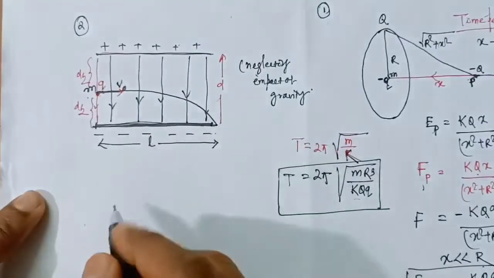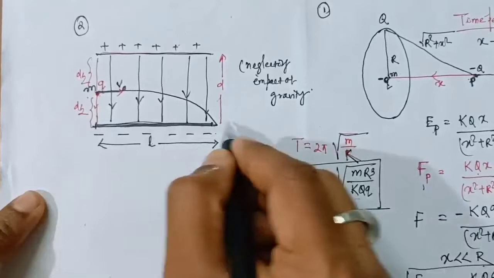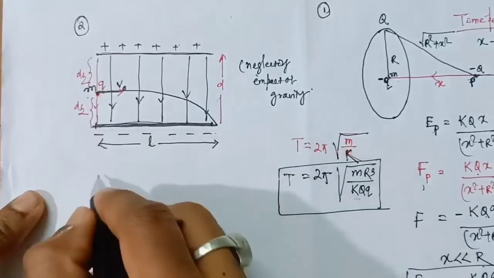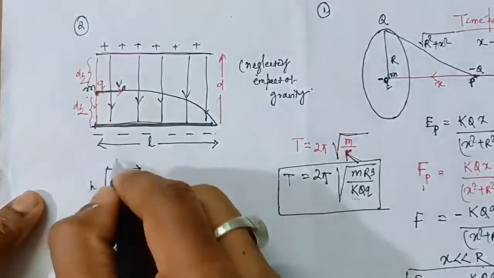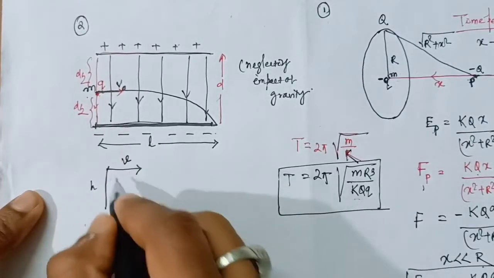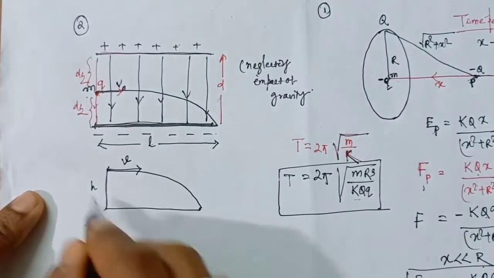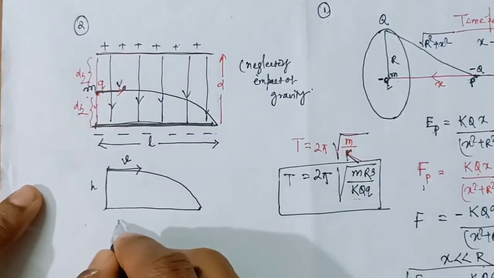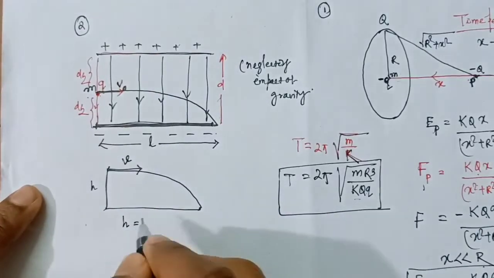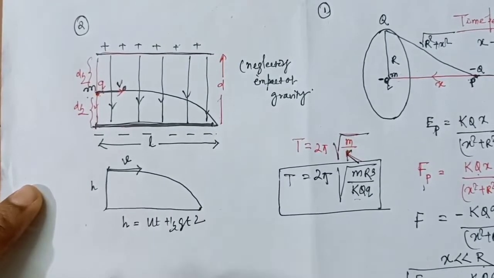When this kind of question is framed, one must know how much time it will take. If this is height h and something is projected with a velocity v, it will go like this. The expression of the time we can easily find using h equals ut plus half gt squared.